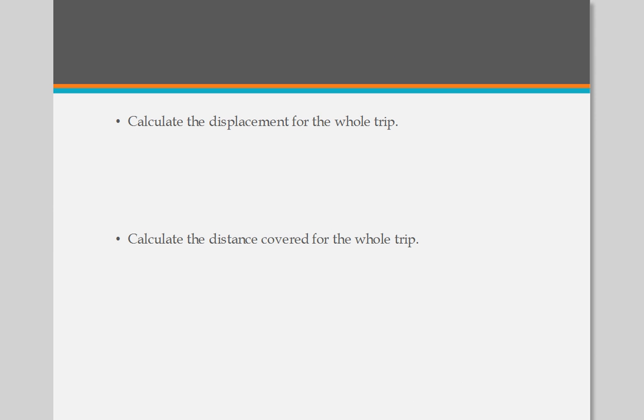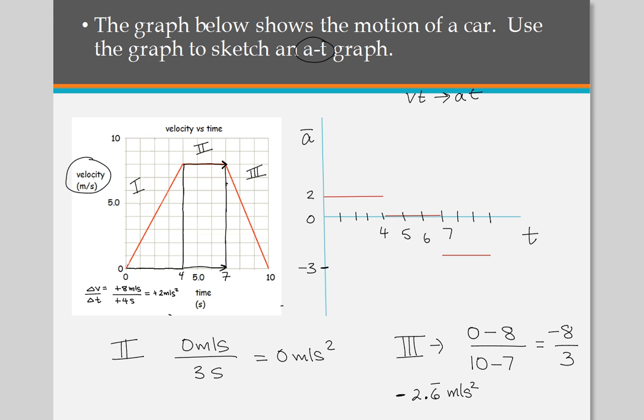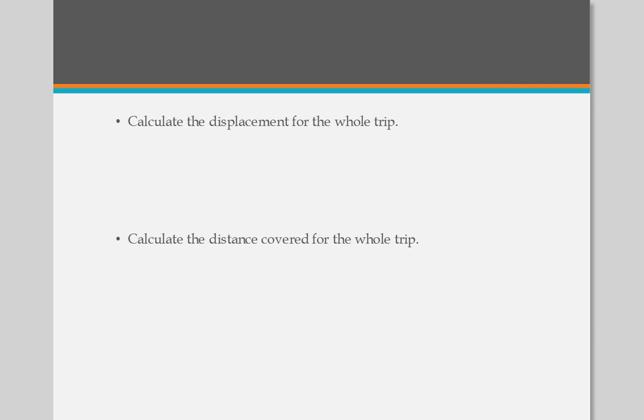Calculate the displacement for the whole trip. Calculate the distance covered for the whole trip. So now, if we used slope to find acceleration, we use area to find displacement or distance. The first section of the graph is a triangle: 1/2 b h.